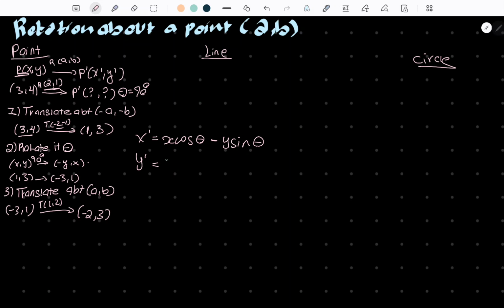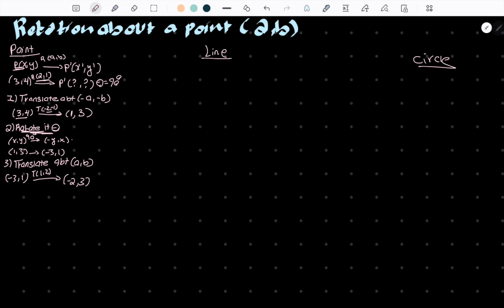And then for y prime, we're just gonna do the same thing, but it's gonna be x sine theta plus y cos theta. So if we're given a niche angle, then in the rotation part, we're just gonna plug in the numbers, get the answer, and then pull it back to our original point. So you just need to remember the exact steps for rotating, and refer back to my last video if you want.